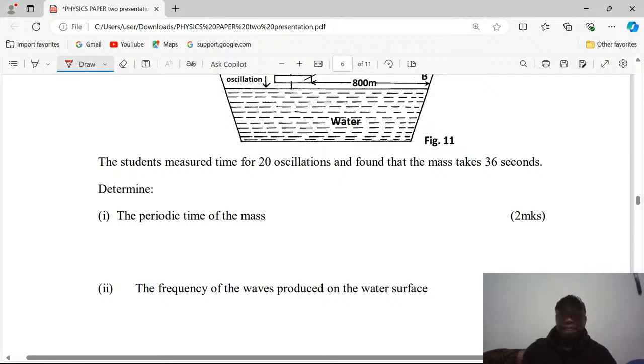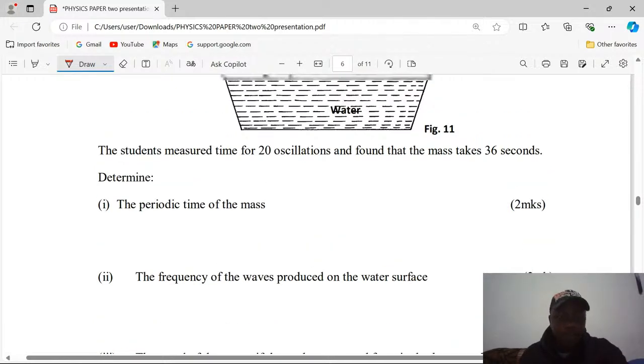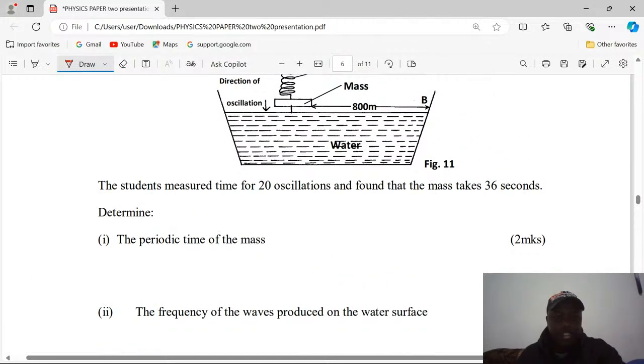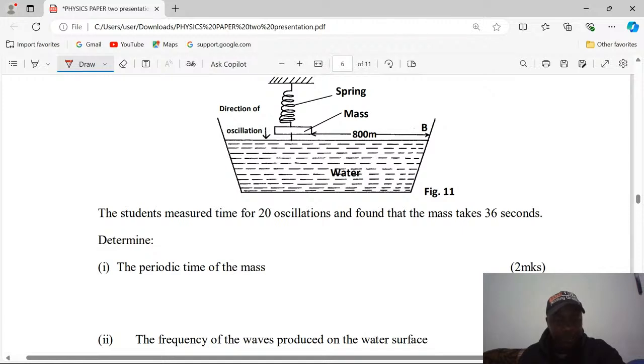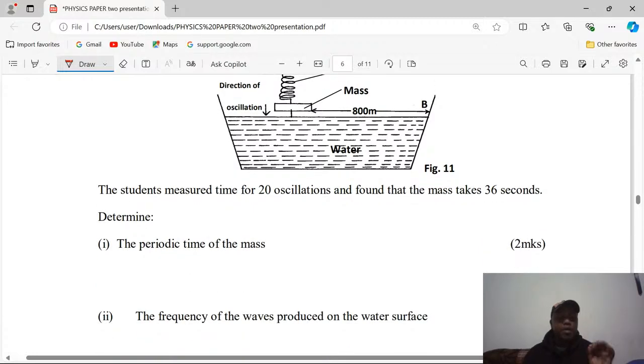The periodic time of the mass. Then again, we determine the frequency of the waves produced on the water surface. So if a student is measuring time for 20 oscillations and discovers that for 20 oscillations the time taken is 36 seconds, then we should know that periodic time is the time taken for one oscillation.